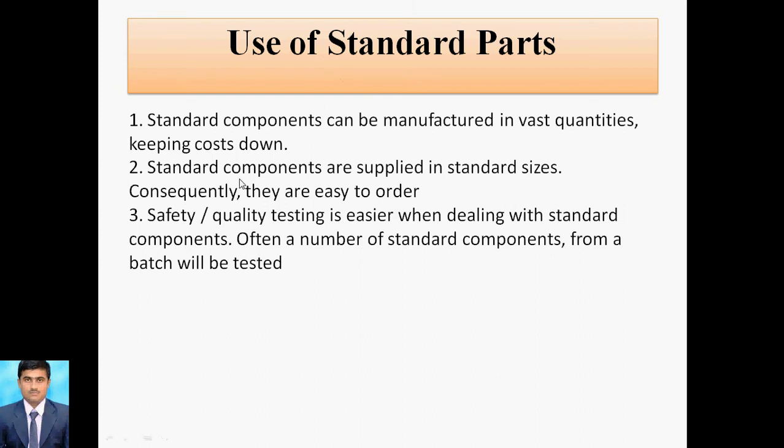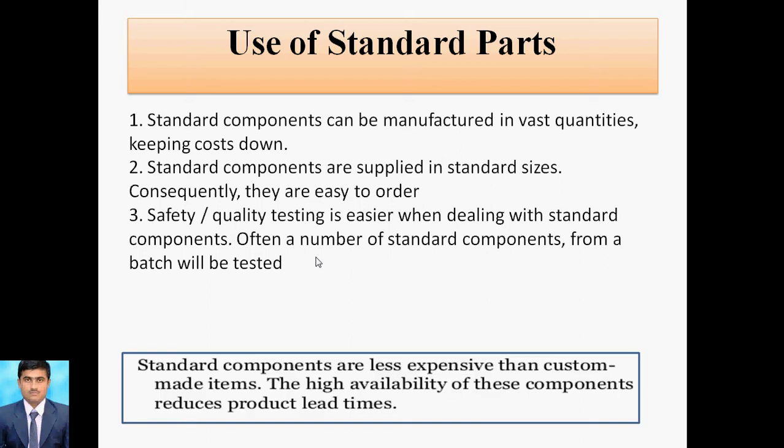This is also a benefit for us. Next, safety and quality testing is easier because n number of parts will be the same parts, so we are not required to test each part. This is also a help for design for assembly.